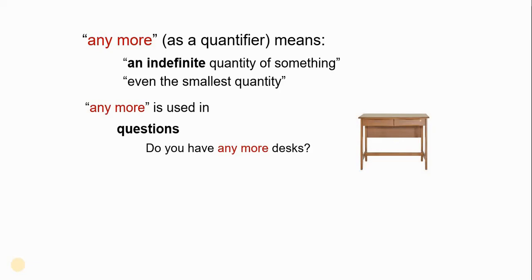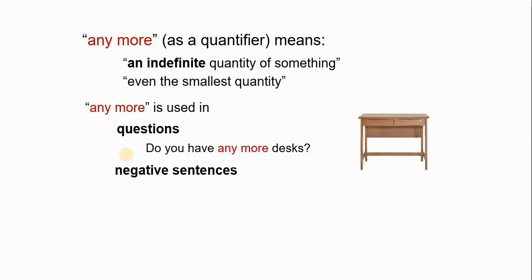So we use it in questions and in negative sentences. These are the only two types of sentences that we use anymore in as a determiner. Alright?